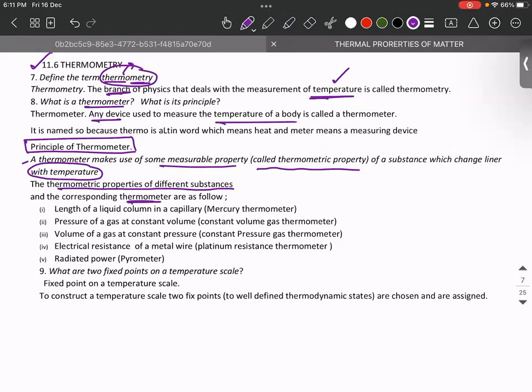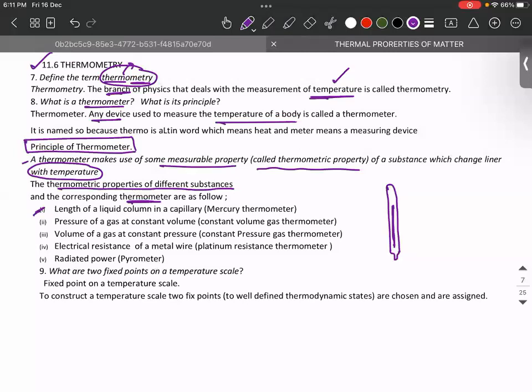Okay. So the thermometric properties of different substances and the corresponding thermometers are as follows. One is the length of the liquid column in a capillary tube. You would have seen a mercury thermometer, right? Has everyone seen a mercury thermometer, or are you used only to digital thermometers? Yes, sir.